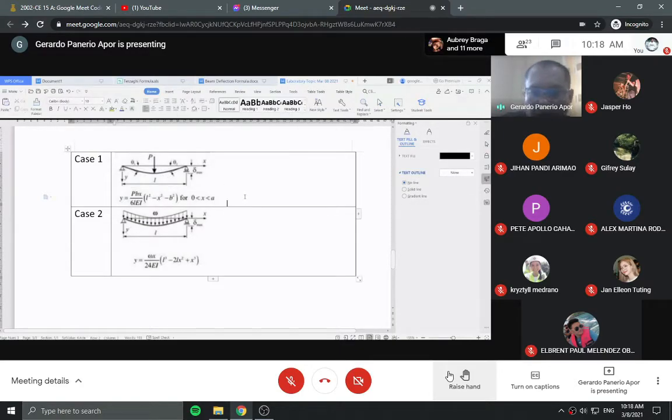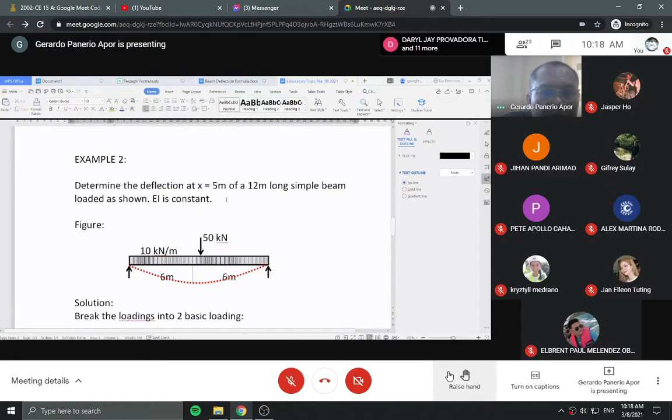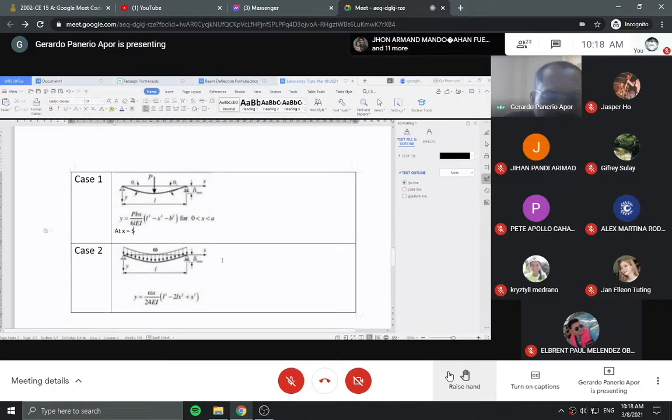So, meaning that at x equals to, I think we are looking for x equals to 5 meters, y becomes y 5 meters. Okay, so you can determine y 5 meters is equal to P, pinatong P na to, minus 50, times b.